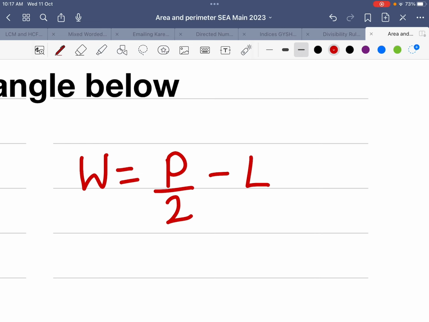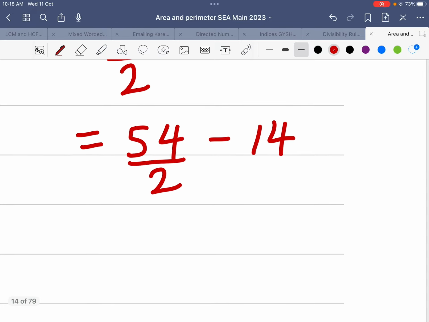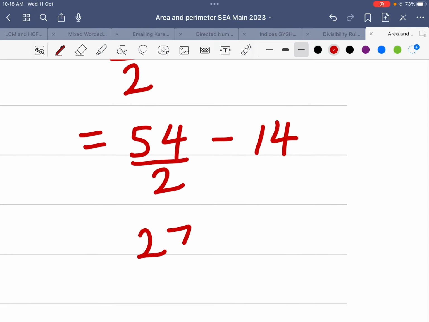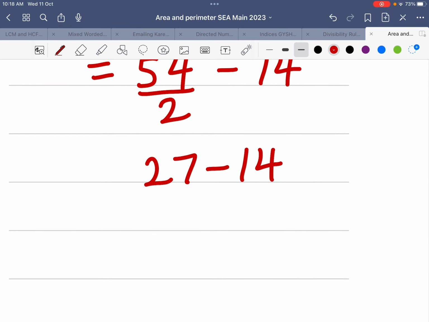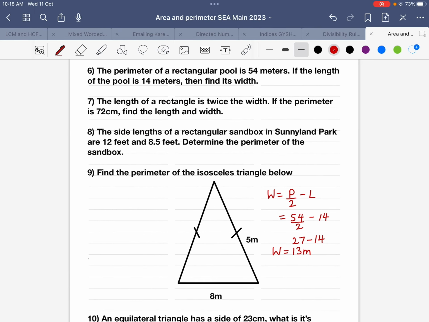And we know that the perimeter is equal to 54 meters. 54 divided by 2 minus 14. 54 divided by 2 is 27. So that's 27 minus 14, which is 13. So your width is 13 meters. Right, so you can take this down now. That's for number 6.